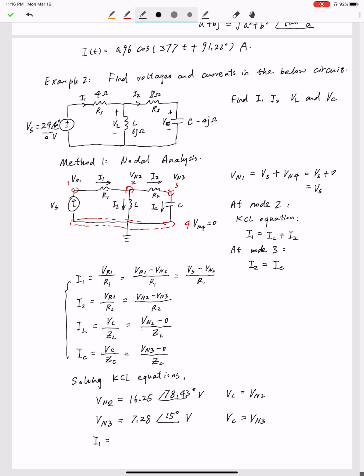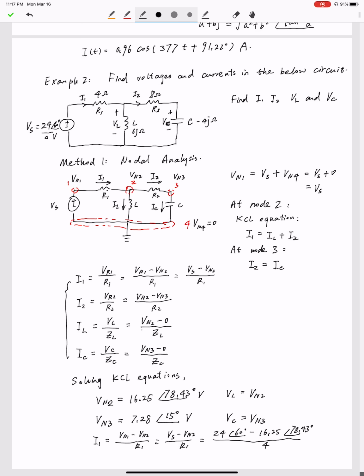I1 equals Vn1 minus Vn2 divided by R1, and that is Vs minus Vn2 divided by R1. Vs is 24 at 60 degrees, minus Vn2, which is 16.25 at 78.43 degrees, divided by the constant R1, which is 4 ohms.